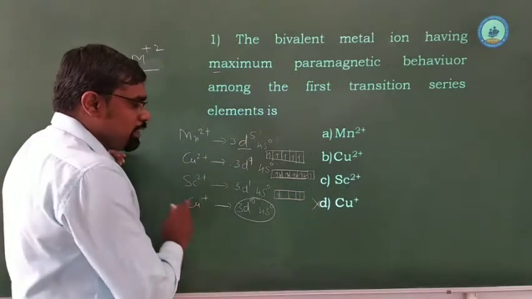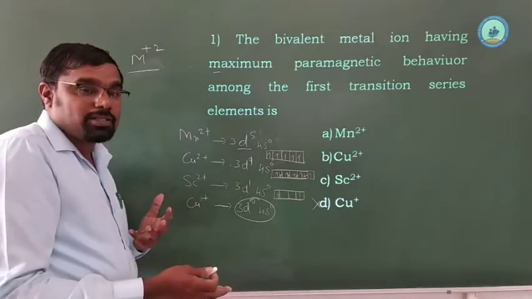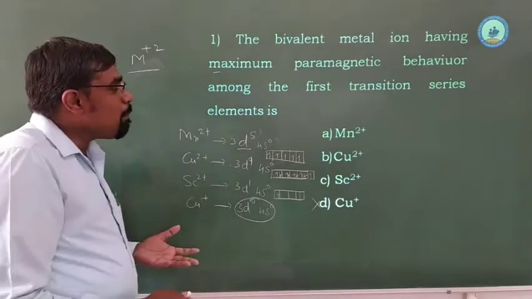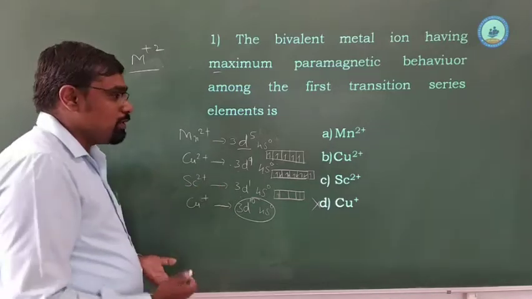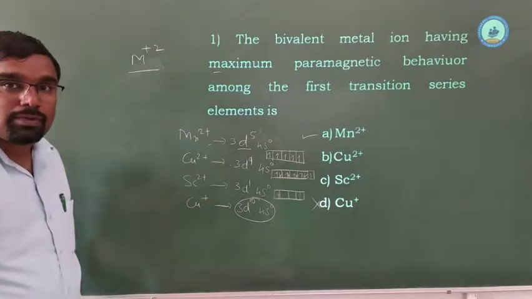Paramagnetic means the more unpaired electrons present, the greater the paramagnetic behavior. So the answer is the first one.